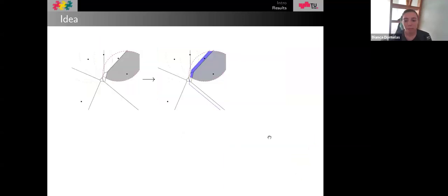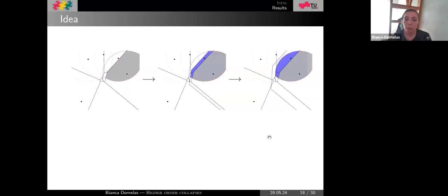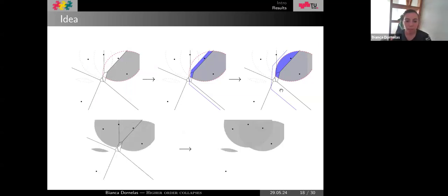And there will be a point where we have extended the Voronoi region enough so that the whole lens appears. And when we look at the whole k-fold cover, what this means is that we are going to go from the k-fold cover intersected with the Voronoi to simply the k-fold cover.